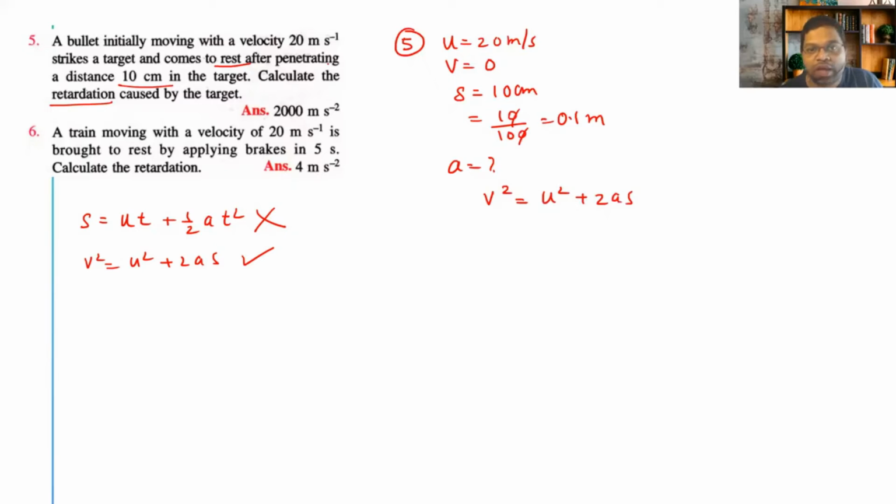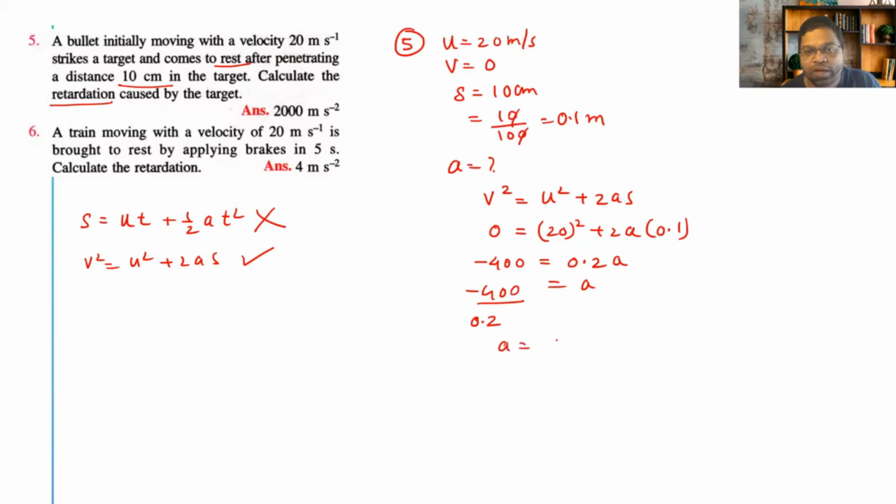Now in this we have 0, and this will be 20 squared plus 2 into a into 0.1. So this I will write as negative 400, and this will be 0.2a. So negative 400 upon 0.2.